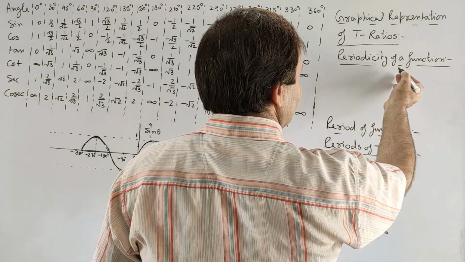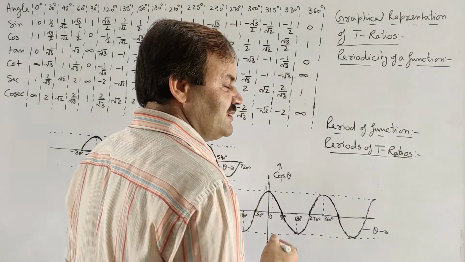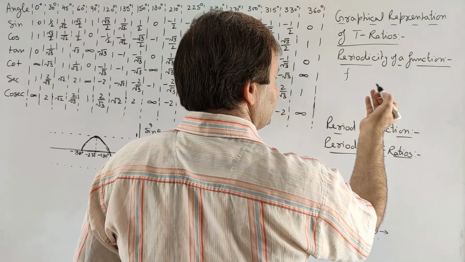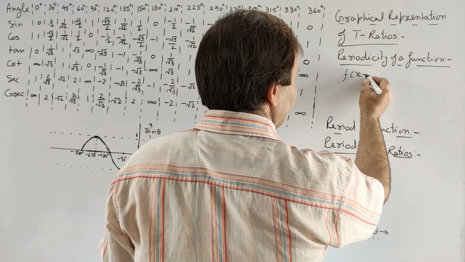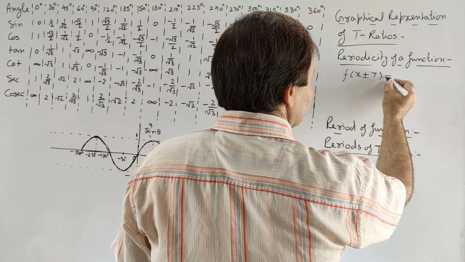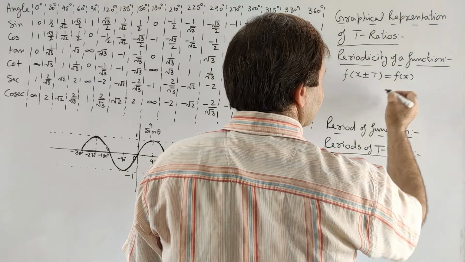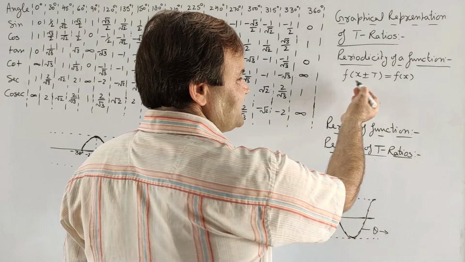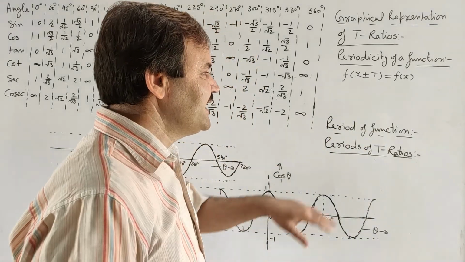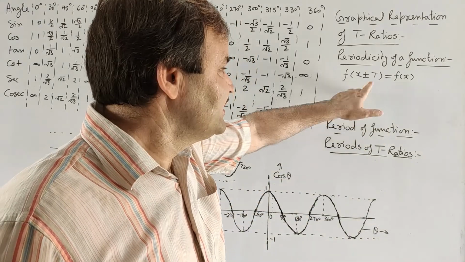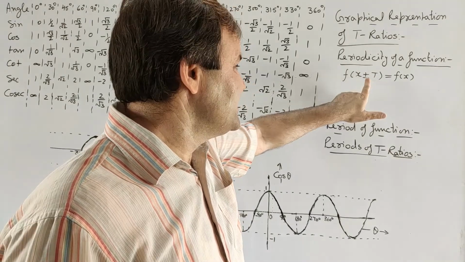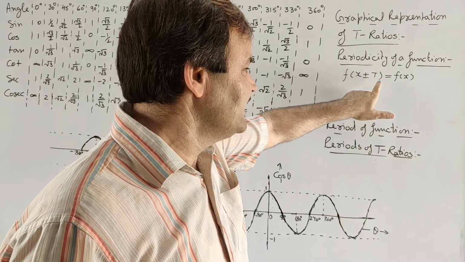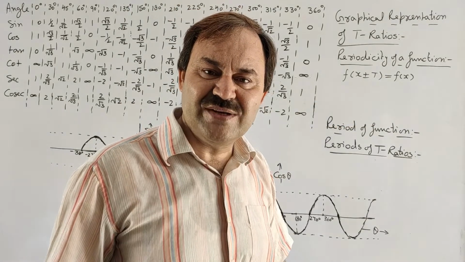Say we come to the periodicity of a function. If there is a constant, say t, such that f(x plus minus t) is f(x), then the function is said to be periodic in x with period t, because after every change in x by t, function repeats its value.